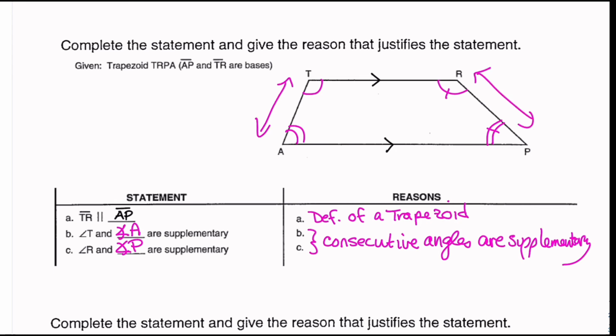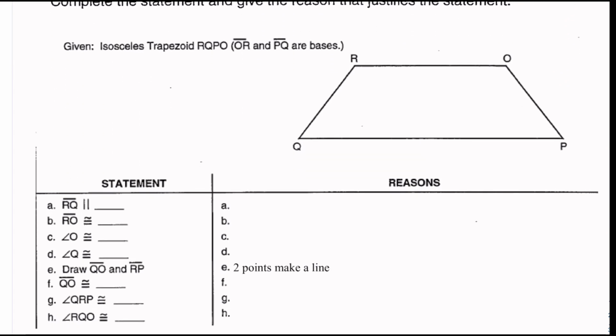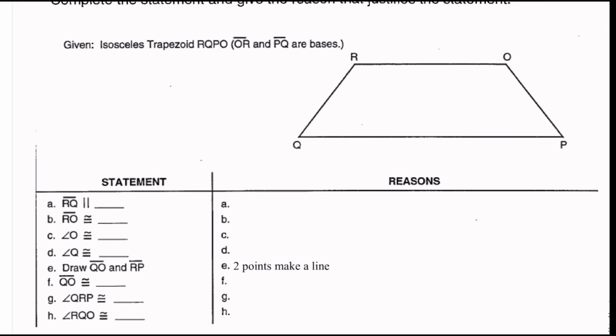Okay. So let's take a look at what an isosceles trapezoid has to offer. That just simply means the non-parallel sides will be equal in measure or congruent. So RO is parallel to QP or PQ.